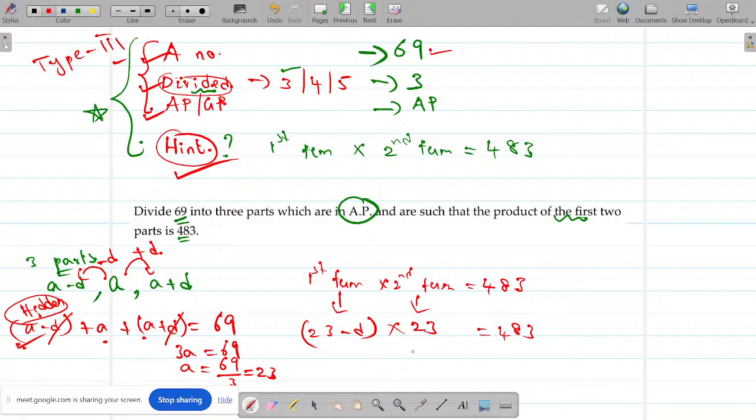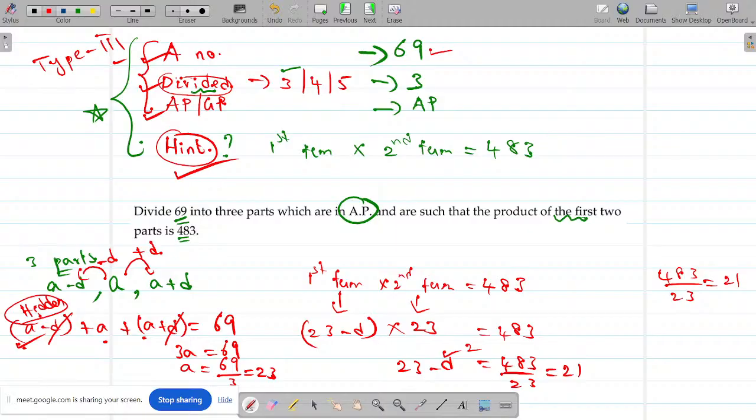Actually, this will be 2, or you can take the help of the calculator. What is 483 divided by 23? 21. So 23 minus d is equal to 483 divided by 23, which is 21. Obviously, the d value has to be 2 only. This is an easy guess.